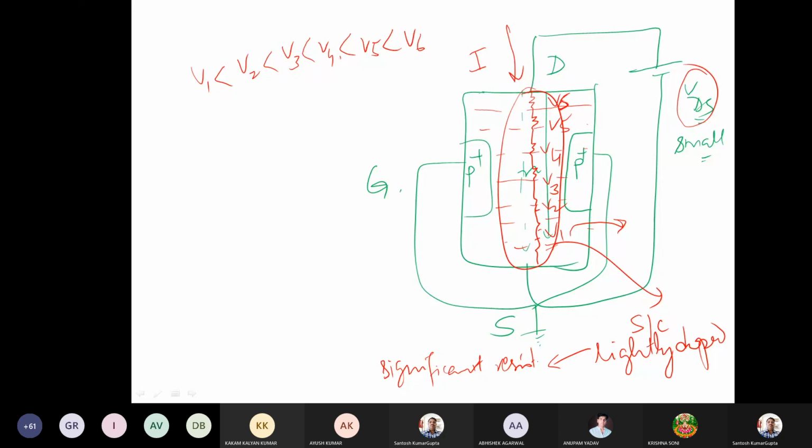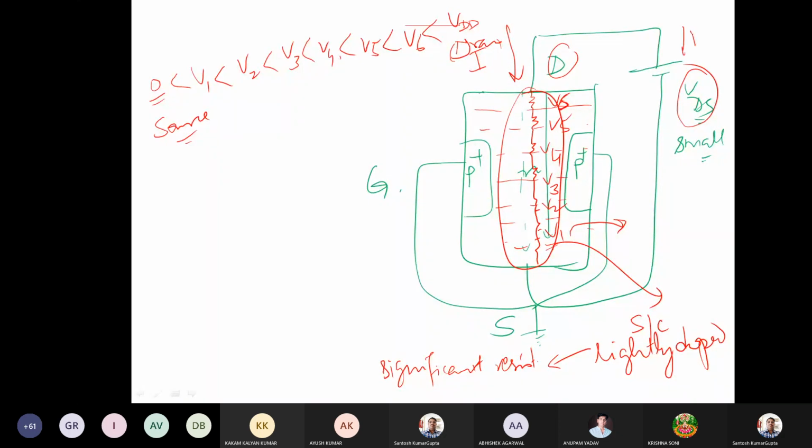The minimum value is going to be that of the source, which is at zero potential, and the maximum value is going to be equal to VDD of the drain.